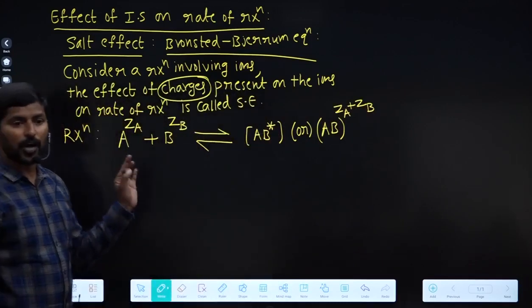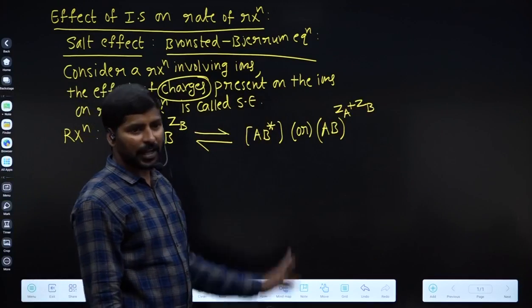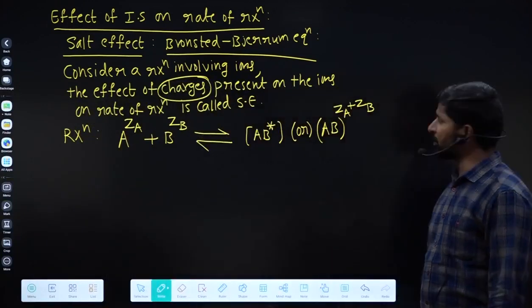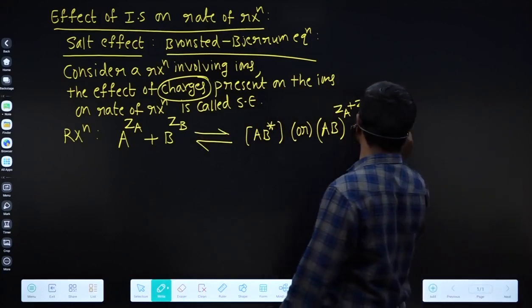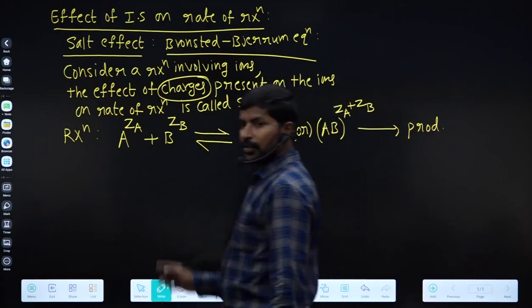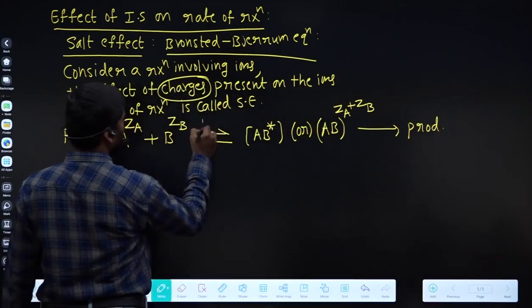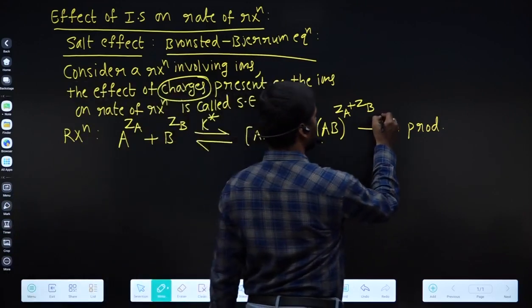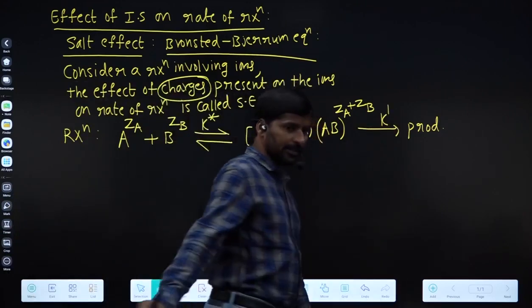It has the same composition as the reactants. Further it may break to give product. So let us consider the equilibrium constant as K star and the rate constant as K dash.